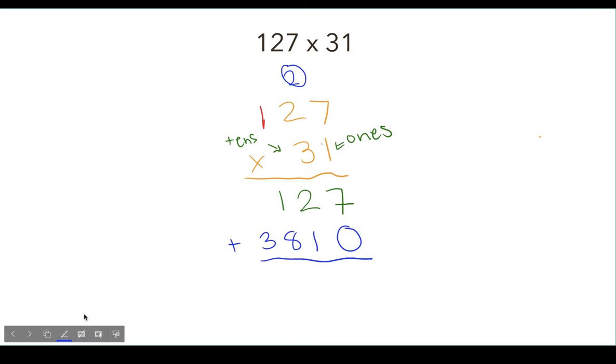Let's add. 7 plus 0, 7. 2 plus 1, 3. 1 plus 8, 9. And then 3 plus nothing is 3. So our answer is 3,937.